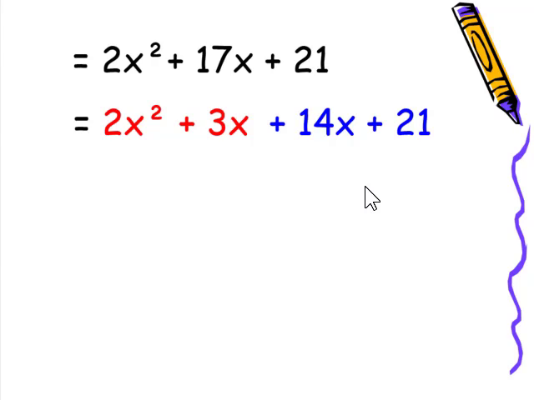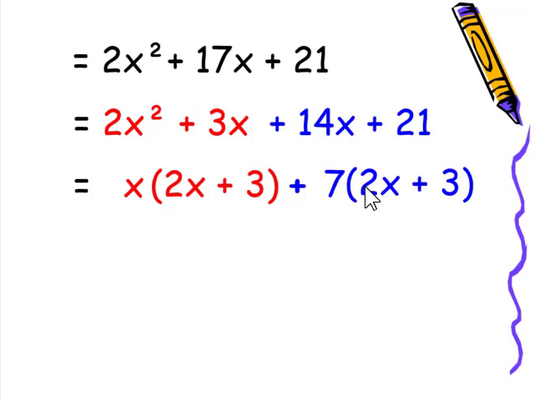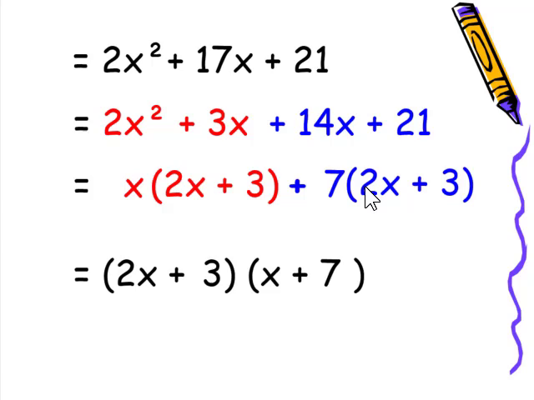Remember, 3x plus 14x is a positive 17x. So in the first two terms, I can factor out an x. That leaves me with 2x plus 3. In my last two terms, I can factor out a plus 7. That leaves me with 2x plus 3. Since both terms have 2x plus 3 now, we can factor out the 2x plus 3, and that leaves me with x plus 7. See you guys soon on the next video.